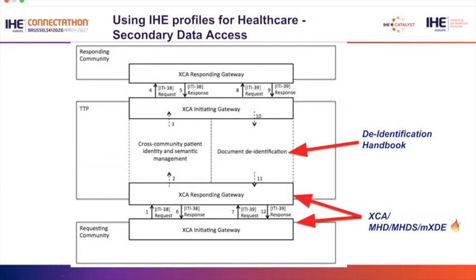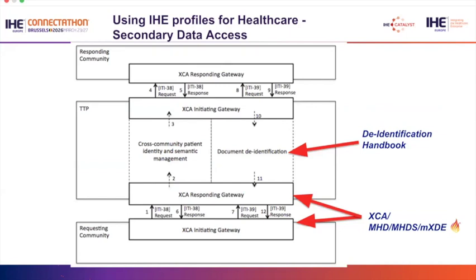Okay, the secondary data access, it actually models all of the underlying data access mechanisms, the XCA, XDS type access via initiating gateway. There's something that they have in common, this box in the middle with a trusted third party, is a de-identification activity.